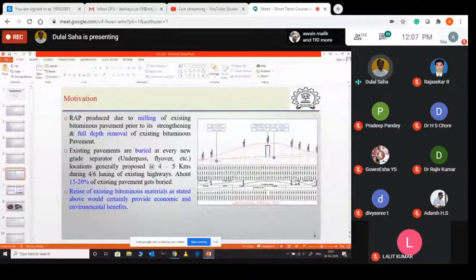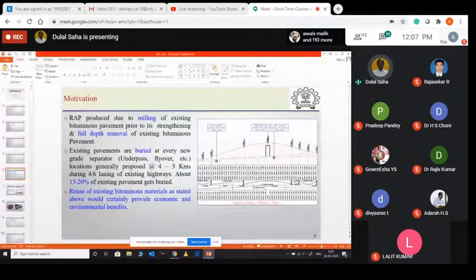Wherever these grade separators are used, the profile of the existing road is changed. Earlier, 1 in 30, that is 3.3%, was the allowable longitudinal gradient. Subsequently, it has been reduced to 2.5%, that is, 1 in 40 gradient is required.